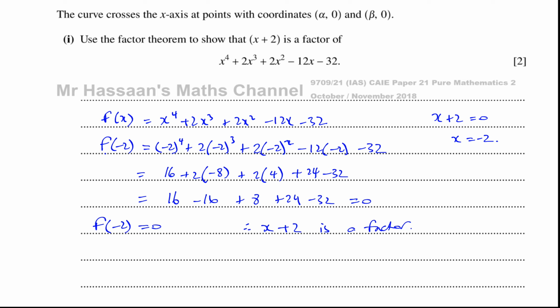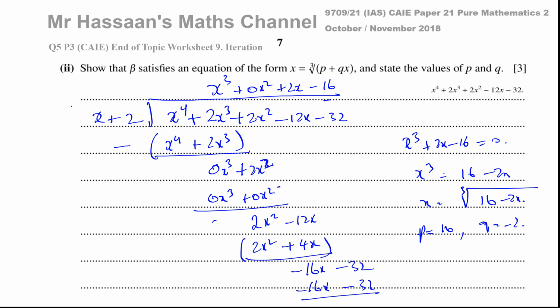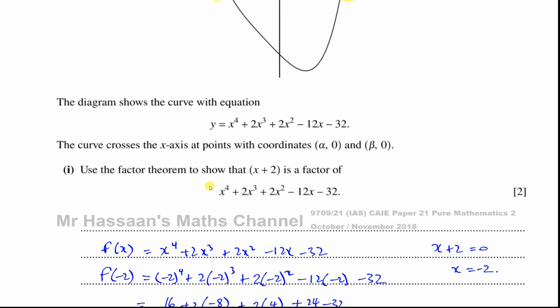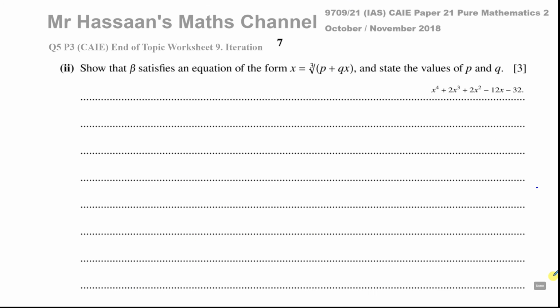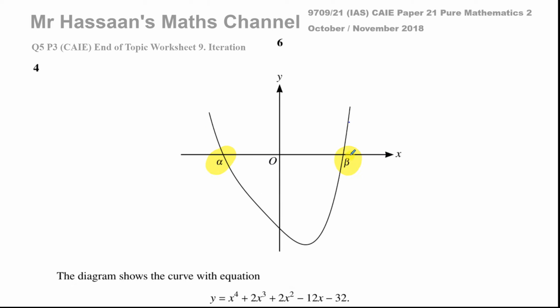Now part 2 tells us to show that beta, which is the other root, we found this is basically minus 2.